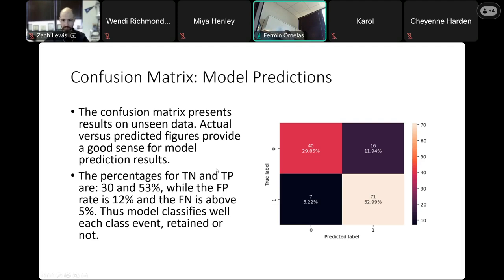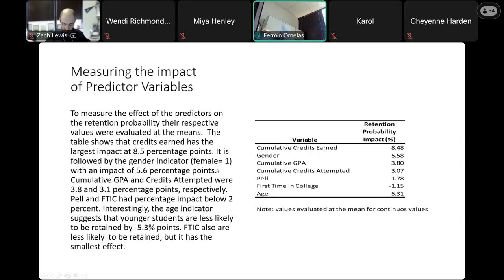So can we go to the next slide? Now, here is another aspect that I try to address when having discussions with advisors: which variable is the one having the most impact, or how do I know if the variable has something to do with the student reality?